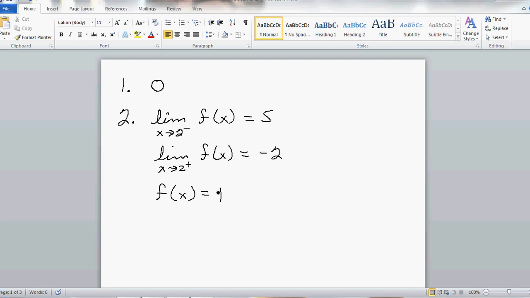So we have three entirely different values, and we can certainly ask, what would the limit as x approaches 2 of f of x be? And then we have to realize it does not exist, because it approaches two different values depending on which way we come from.